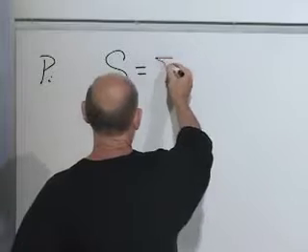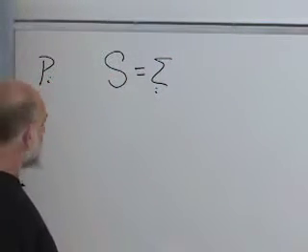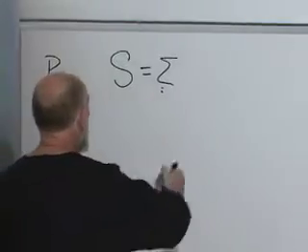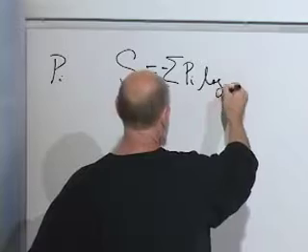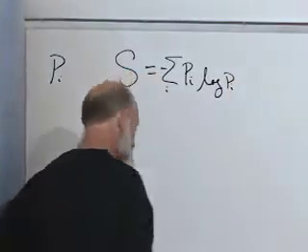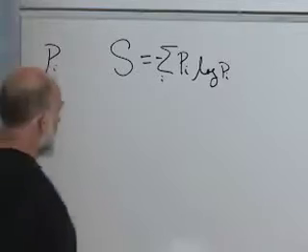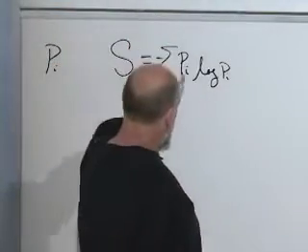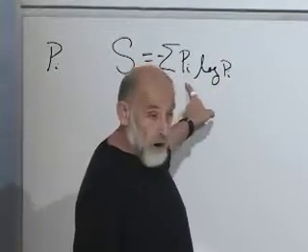It's again the sum over all of the possible configurations of minus p sub i times logarithm of p sub i. That's its definition. Again, if only one of the p's is non-zero, then it's got to be 1.